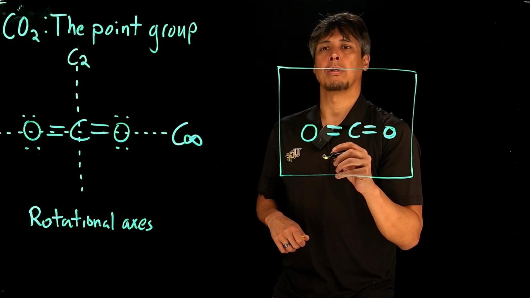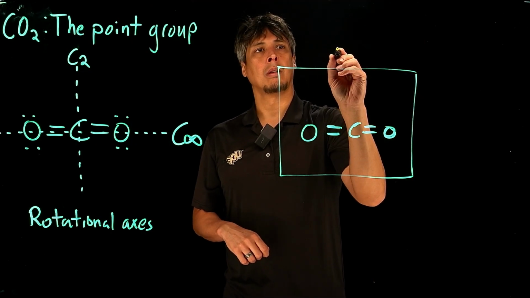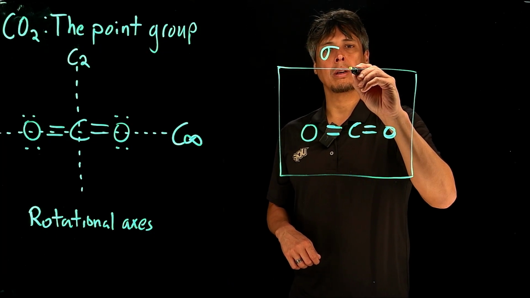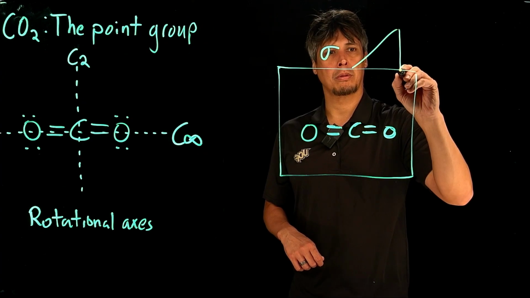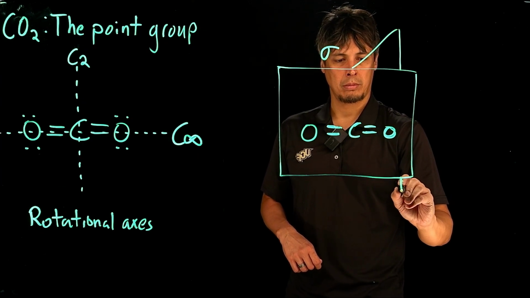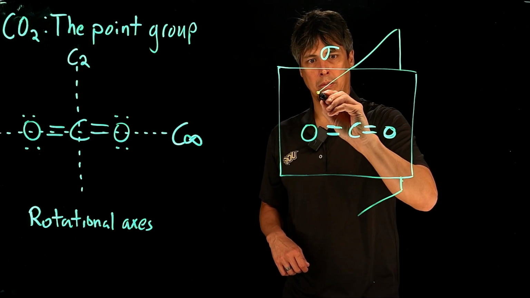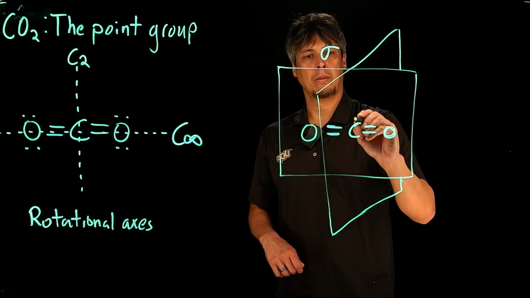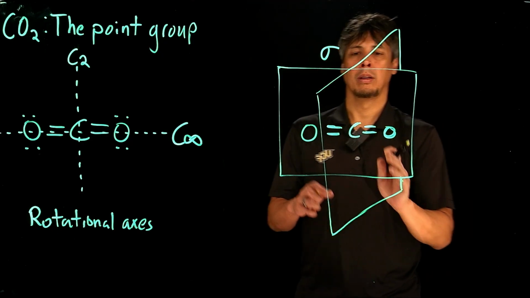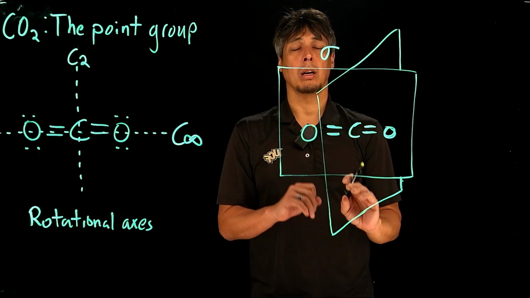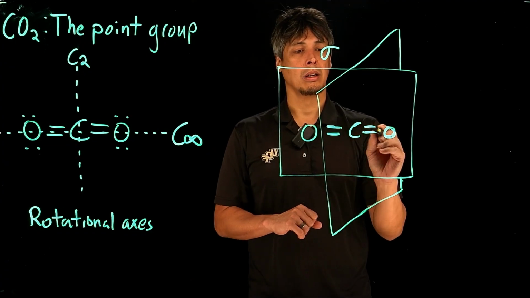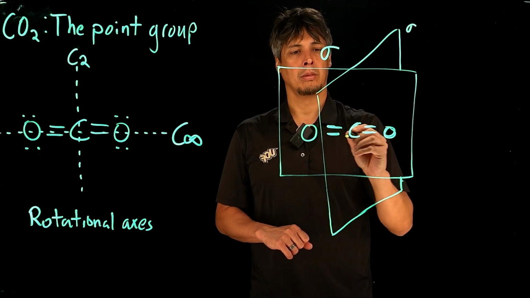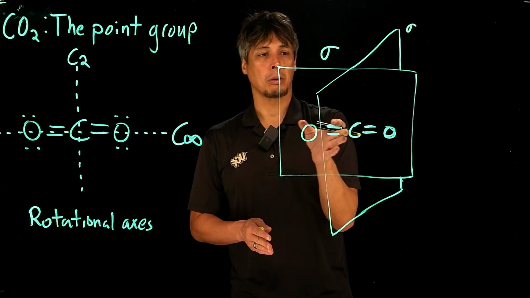This is referred to as a mirror plane, and we refer to it as sigma. There's also a mirror plane perpendicular to this one that goes through the center of the carbon atom and splits the two CO bonds on either side of the mirror.